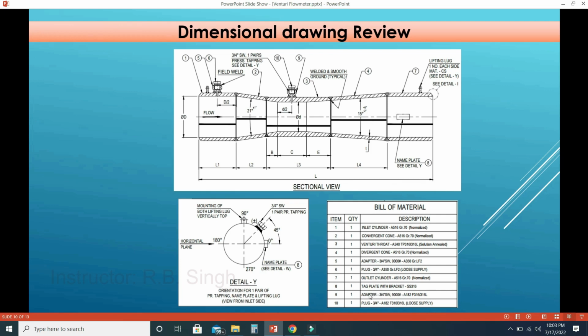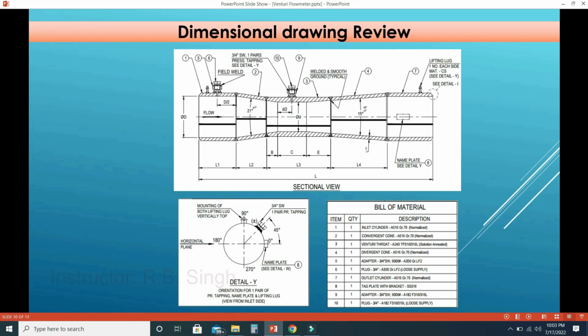9 number is adapter. So this is the adapter, where this adapter is used for tapping basically. So if we take off the plug, then we can make the tubing here in tapping. So these all the things will be there.